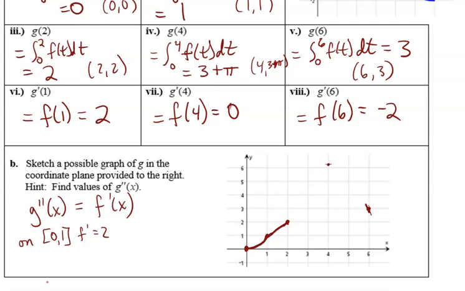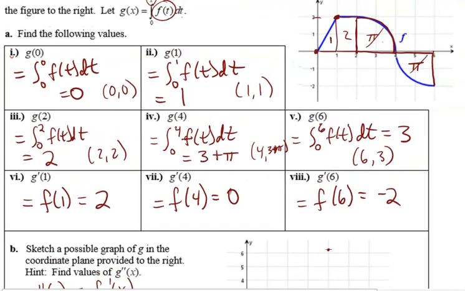And then, let's see, then what happens here? So now the function f starts decreasing, from a value of 2 down to a value of 0, meaning my slope goes from 2 down to a value of 0. Also, the second derivative of g would be the slope of the f function, which starts at a slope of 0 right here, and then decreases.